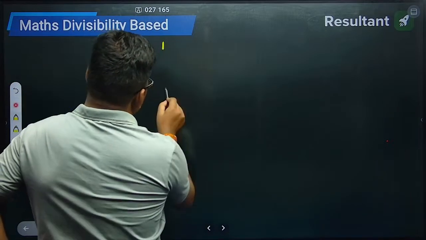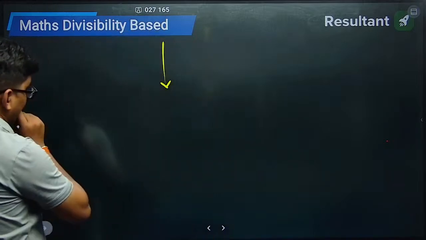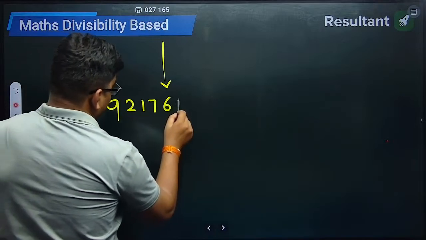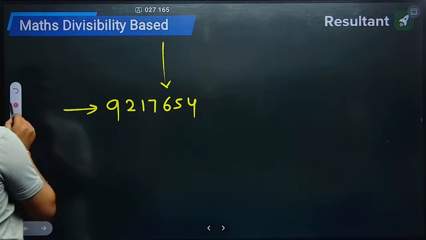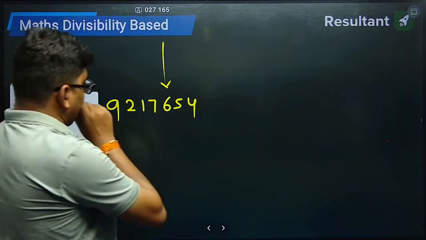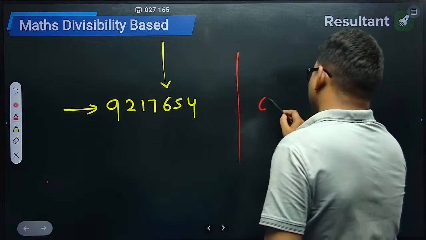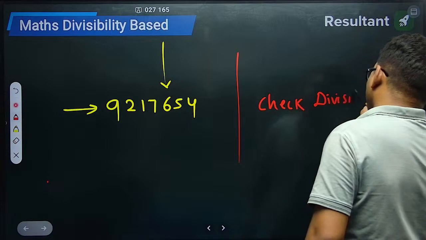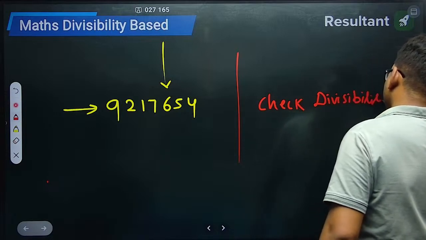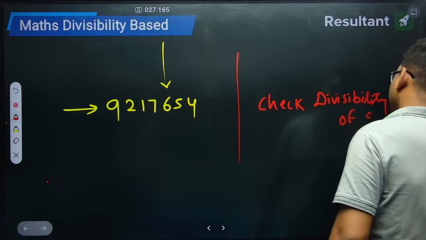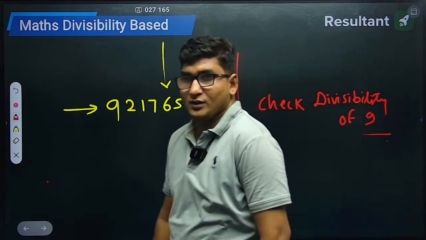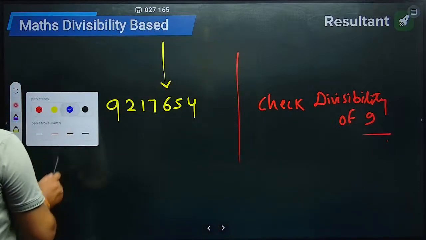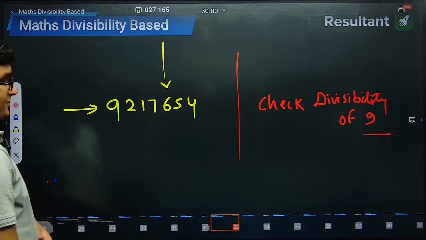Please see some examples I wrote here. 9217654, and I want to know whether the number is divisible by 9 or not. Check the divisibility of 9. So I'll do it. Try one thing here: if you make pairs or multiples of 9, then you can cancel them out.